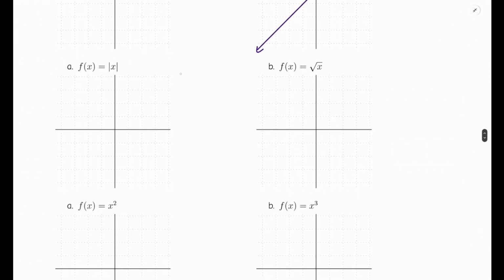And then we have the absolute value function, which looks like a V. Then we have the square root function, which has a slight curve to it.